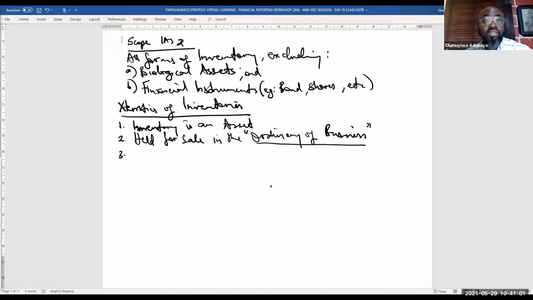The third thing is that it could also be something that is in use in a production process.